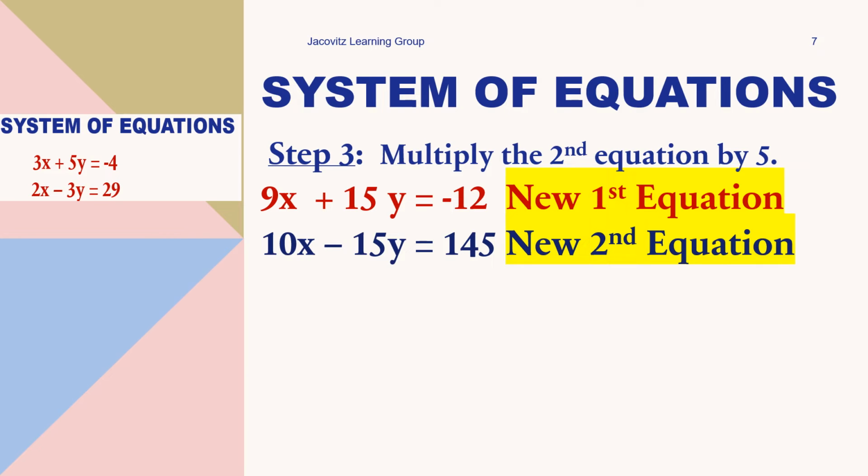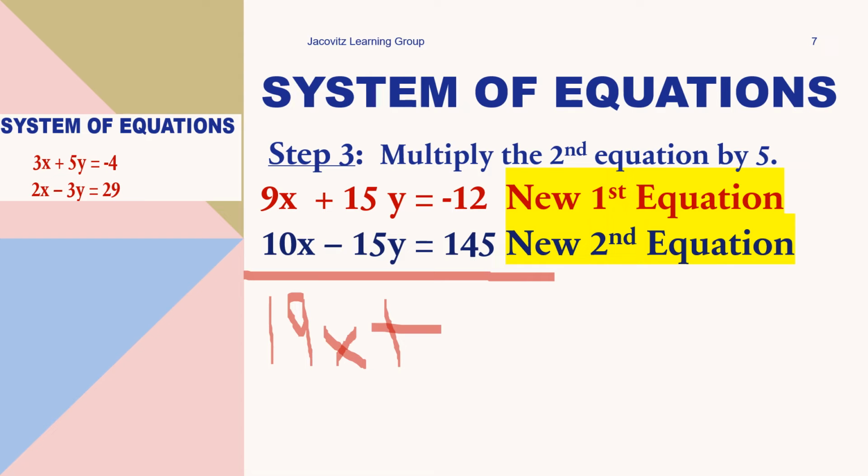You are actually adding, and so when you add, you're going to end up with 19x. Plus 15y minus 15y is 0. And then 145 minus 12 gives us 133.